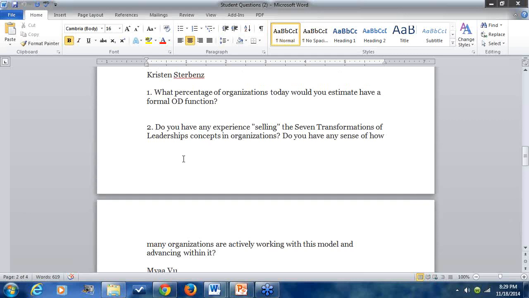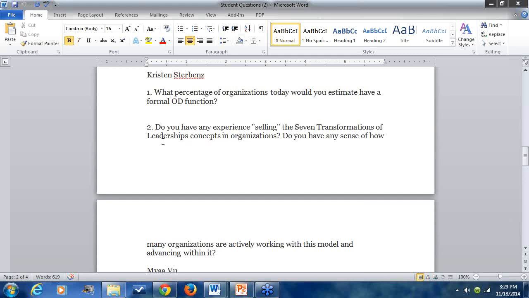I think it would be really helpful for folks who are leadership coaches, who are working at the individual level, because as I see the 7 transformations, Kristen, the idea is that you use this as a model to do your self-evaluation and self-development. I tend to be non-denominational when it comes to these sorts of things. If it works for you, terrific, because it gives you a model and a map to do that.